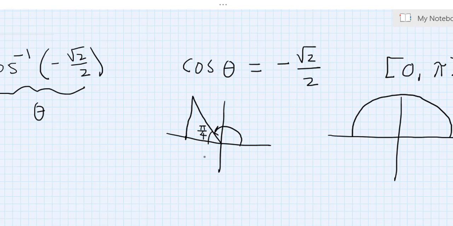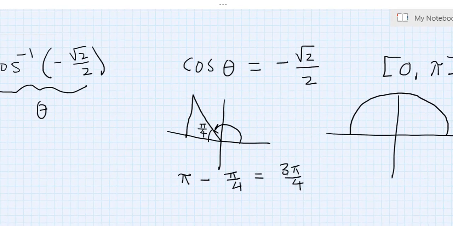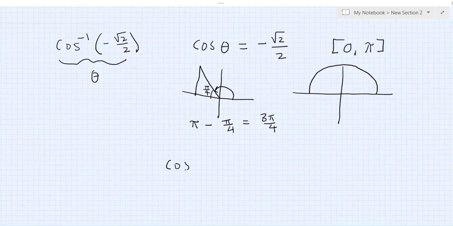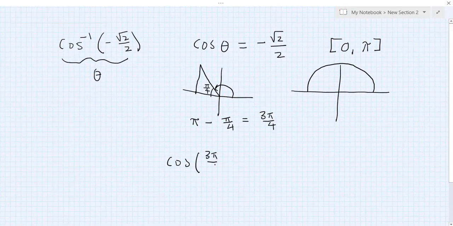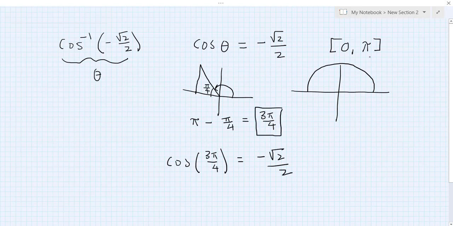Since cosine theta is negative, that's going to be pi minus pi over 4, which is 3 pi over 4. So cosine of 3 pi over 4 will be negative radical 2 over 2. Now let's check. Is 3 pi over 4 within the restriction? It is. Therefore, the answer is 3 pi over 4.